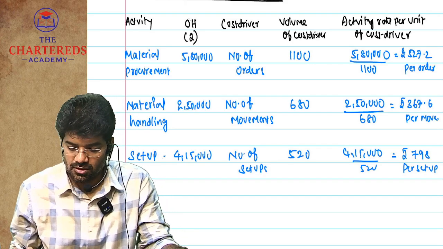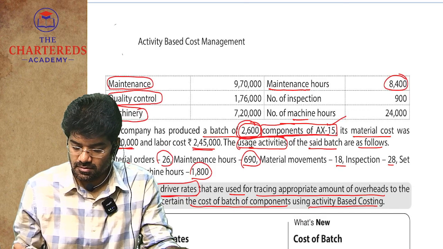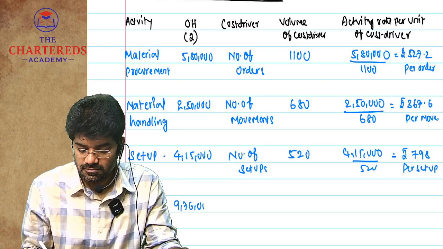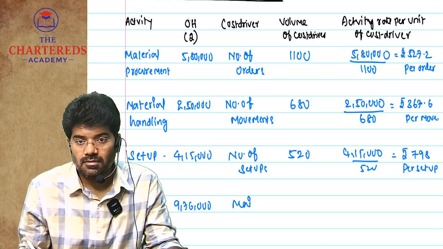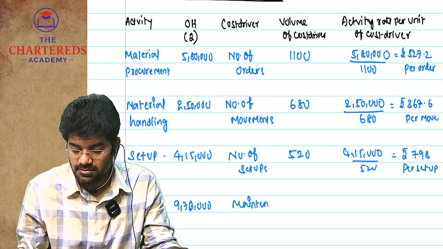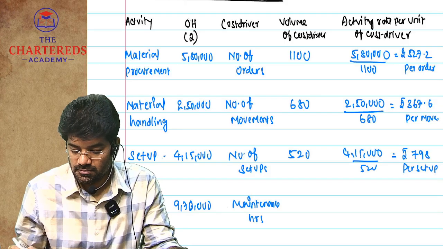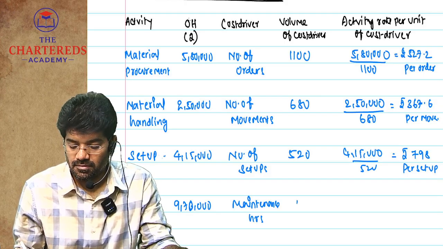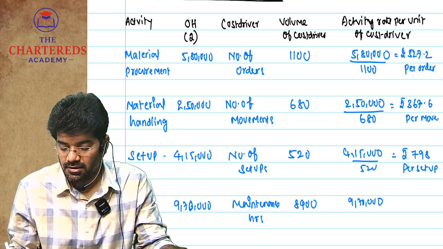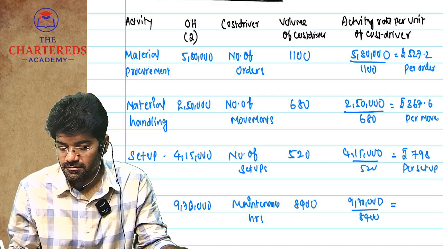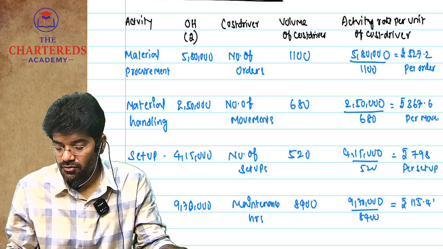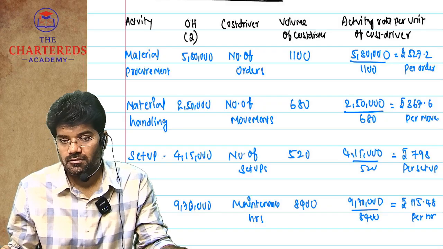What is the maintenance cost? 9,70,000. Maintenance hours 8,400. So 9,70,000 divided by 8,400, 115.48 per hour.